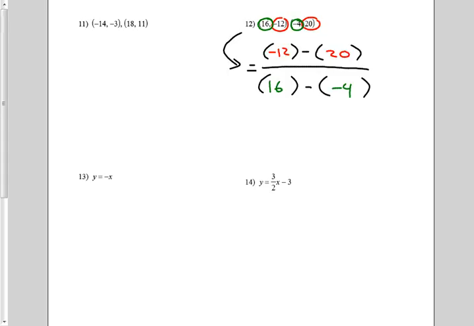We can type this into our calculator however we want, but I'm going to get negative 32 over 20. Let's refresh our memory on the calculator. I do want to start using this calculator a little more in class. So in order to get that to a simplified fraction, let's go ahead and type it in.